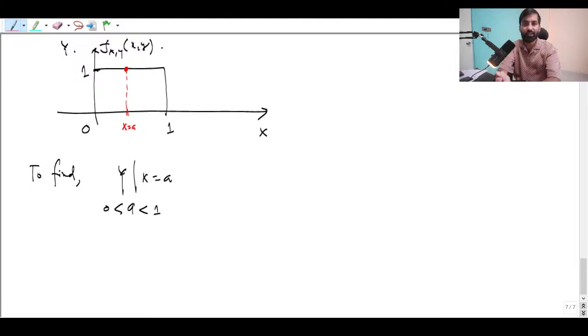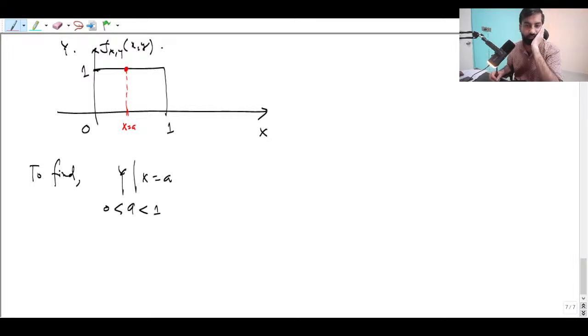If x equal to a, and y can go from 0 to 1, what will the conditional density function be, guys? It will also be uniform only. I think you are able to visualize this. Suppose somebody is asking for the conditional density function of the random variable y given that x equal to a. It is also going to be uniform, because you are fixing x equal to a, and a can range from 0 to 1.